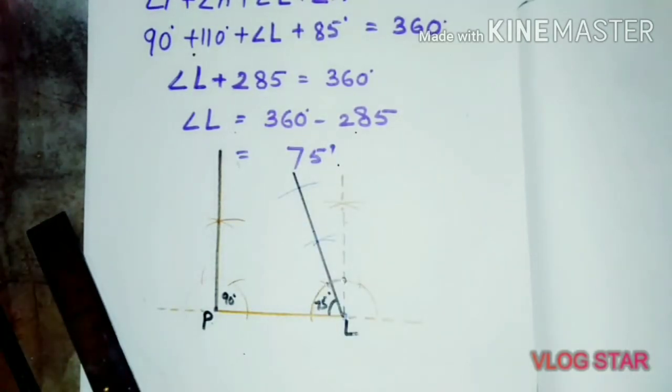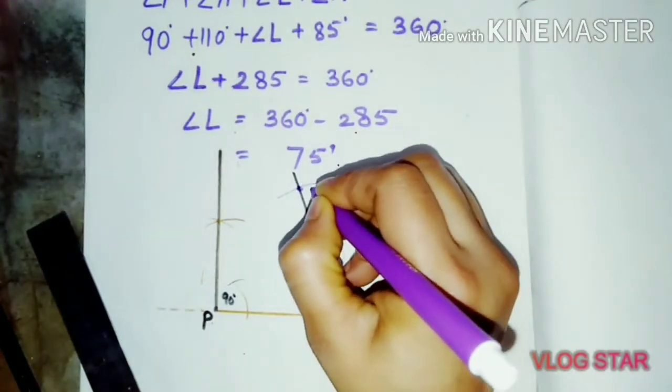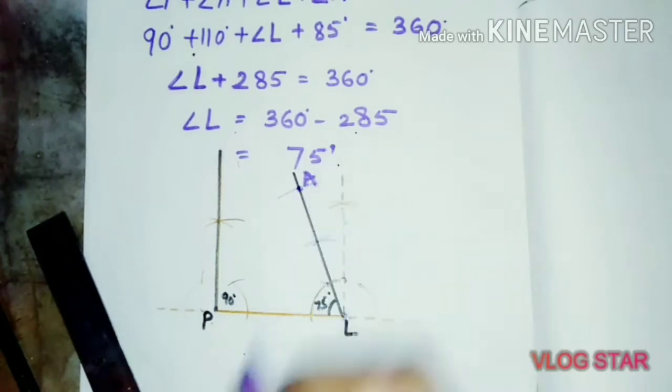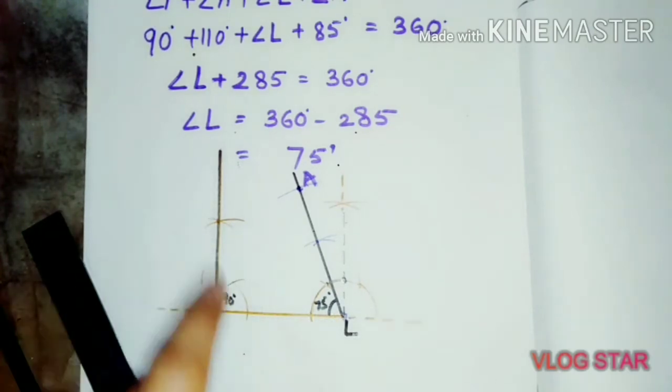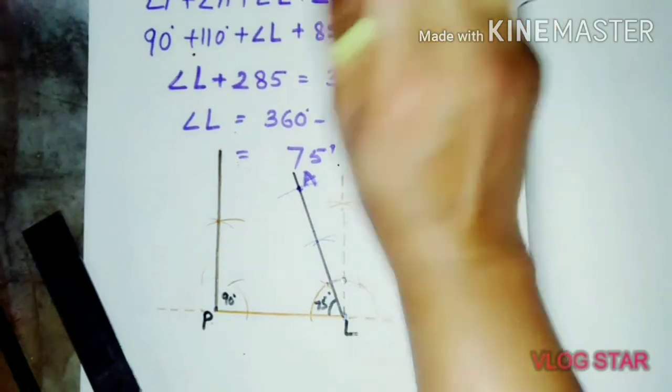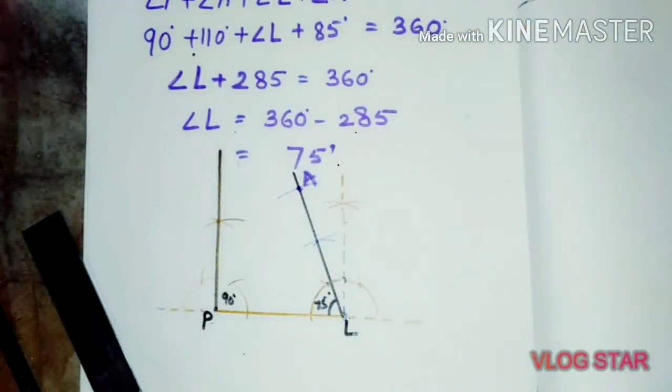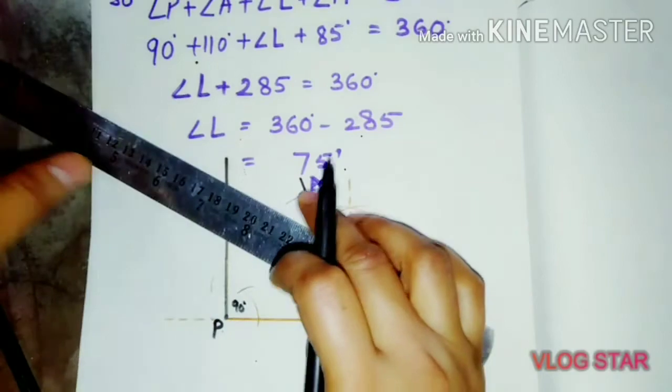And name this point as point A. Now at point A, 110 degree is given. 110 degree cannot be constructed, so you have to use protractor to draw 110 degree.